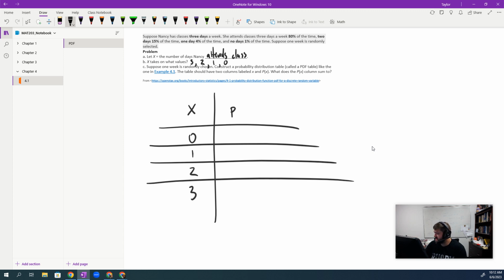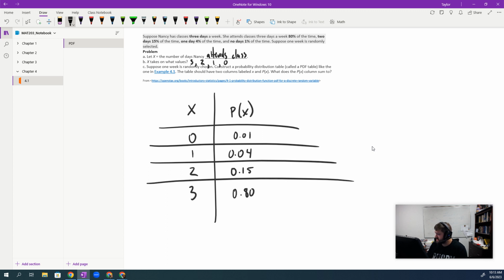Now, P of X is the probability that X takes on these values. How often does she go no days? Well, that's 1%. As a decimal, what is that? 0.01. And 1 day she goes 4% of the time, 0.04 as a decimal. 2 days she goes 15% of the time, 0.15. And 3 days a week, she does pretty good.